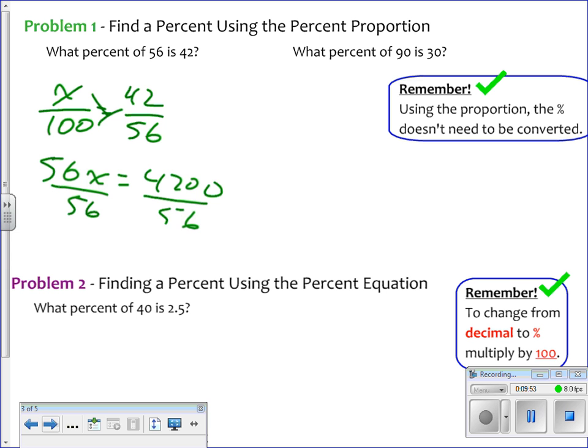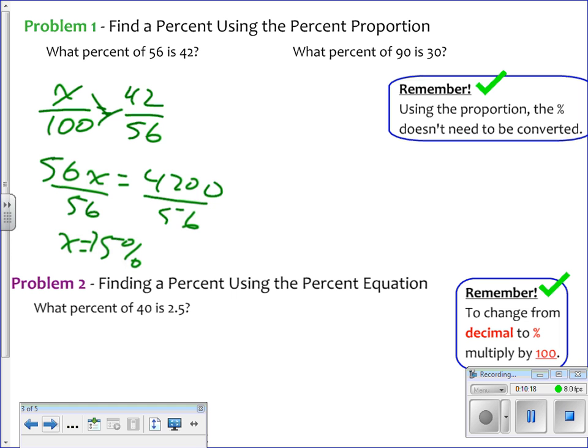So x equals 75%. Now, that works great. If this is what you're used to, please feel free to solve these problems this way.